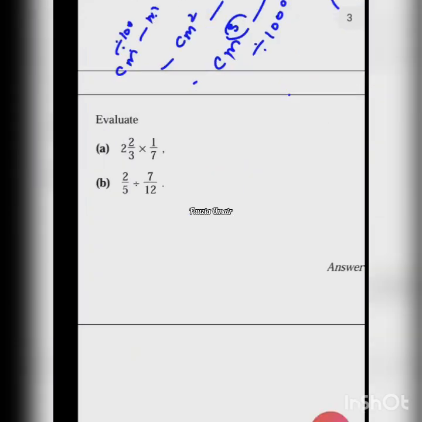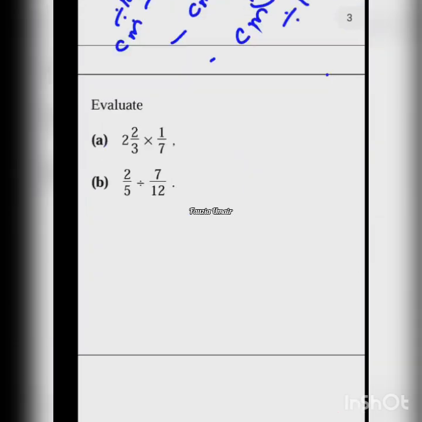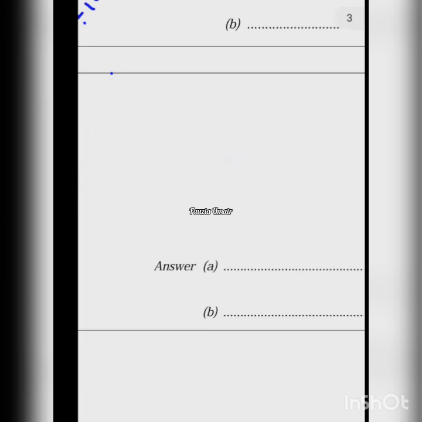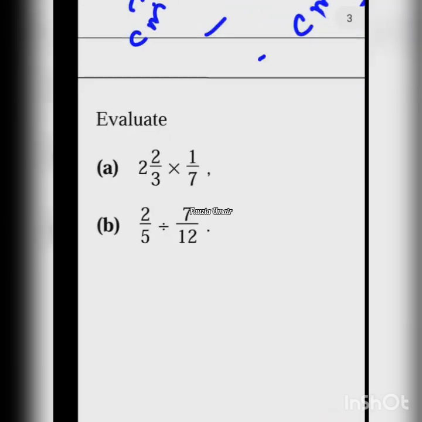All right, moving on to the next question. These are also 1 mark questions. So evaluate. We know what evaluate means, reaching the answer. So what is part A? Multiplication of fractions.